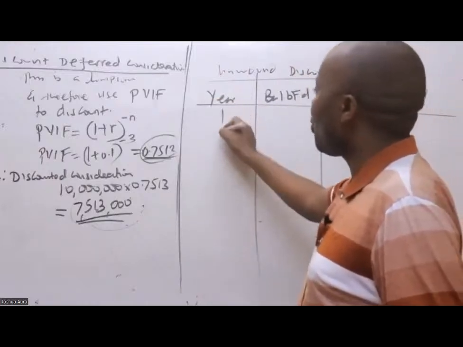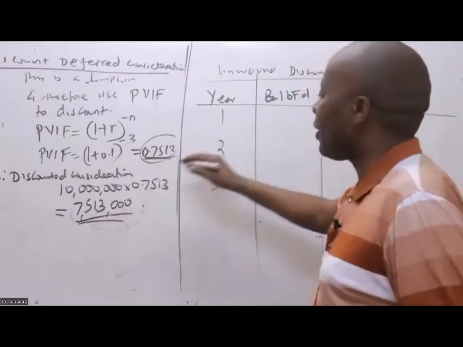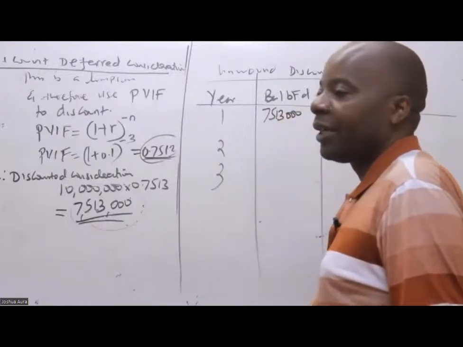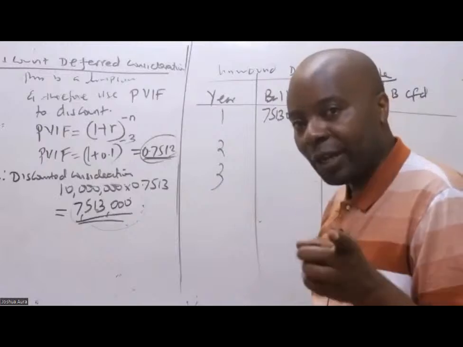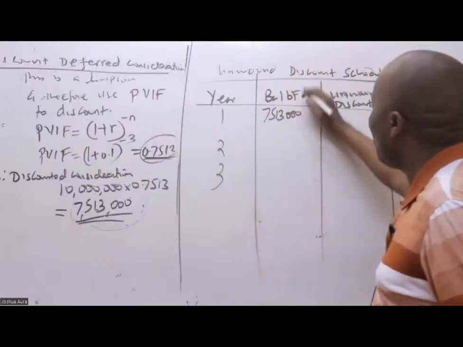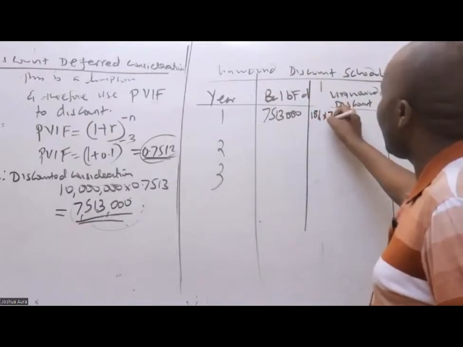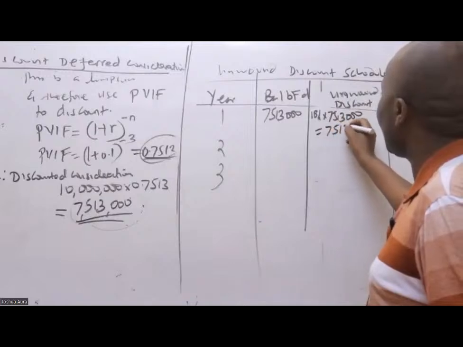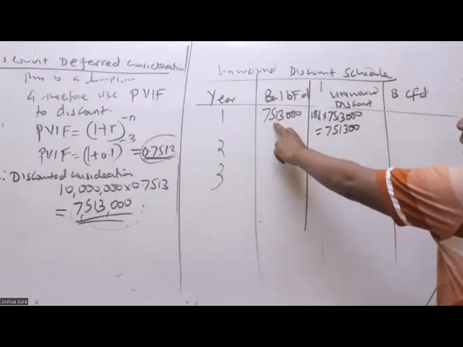So we have 3 years, 1, 2, 3. So balance brought forward is this one here, 7513. Remember, to unwind the discount, we use the cost of capital. So here we'll talk of 10% of 7,513,000, which will be 751,300. So balance carried forward will be this plus this.